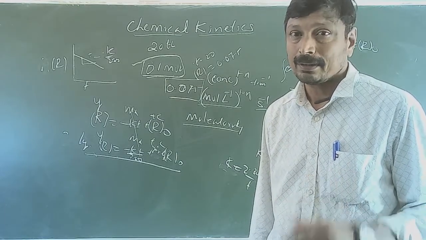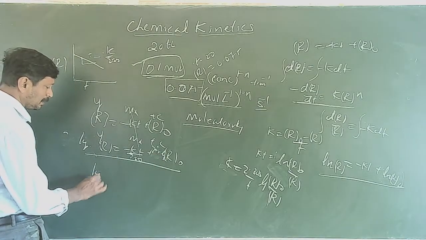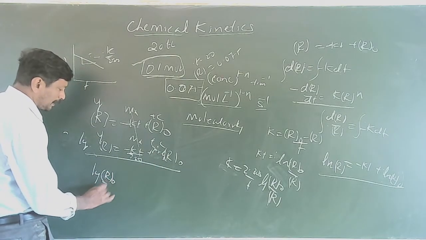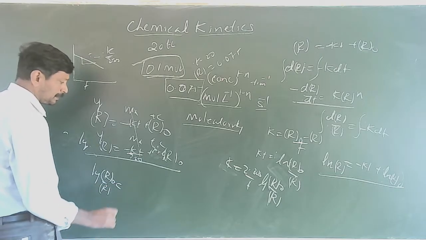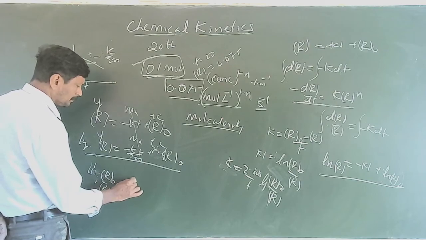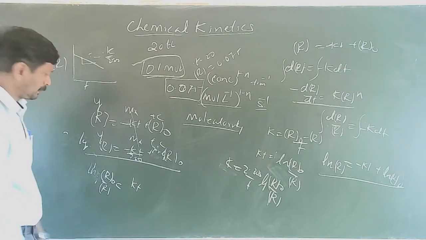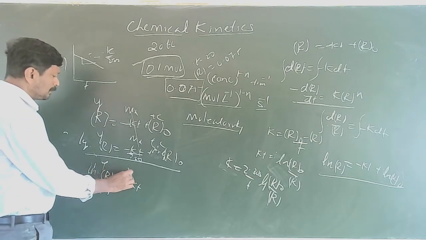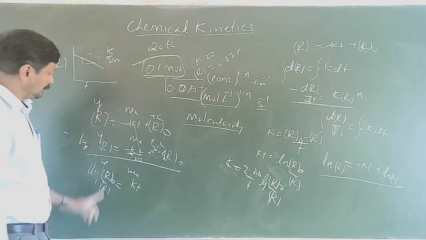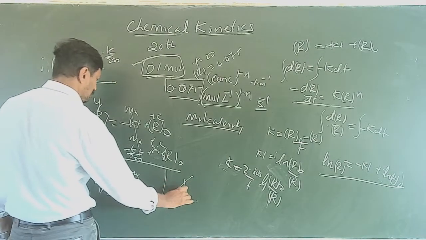One more form you can write, for zero order and first order reaction: log of R naught by R, or ln R naught by R, is equal to Kt. This is y is equal to mx, so the graph is passing through the origin. Here the slope is equal to k.